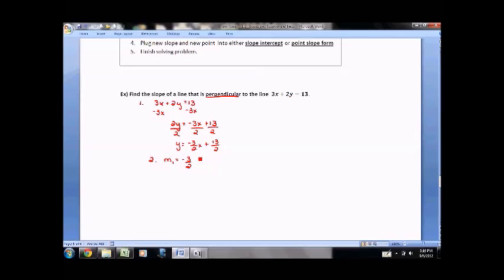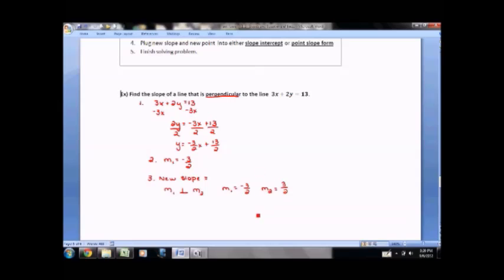Since our original slope is -3/2, our new slope, step 3, which is perpendicular, is found by taking the original one, flipping it, and switching the sign. So m1 is perpendicular to m2. If m1 was -3/2, our m2, or new slope, would have to be +3/2.